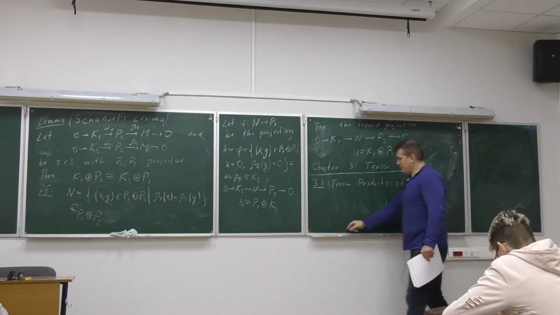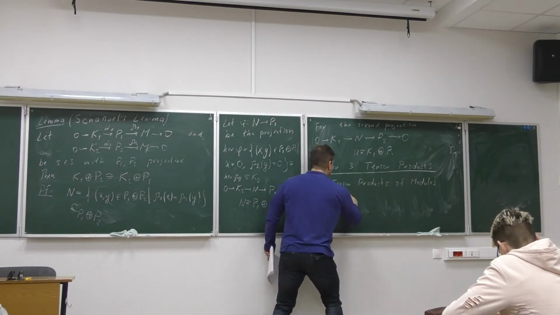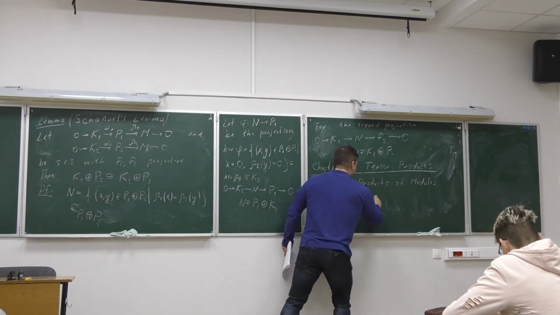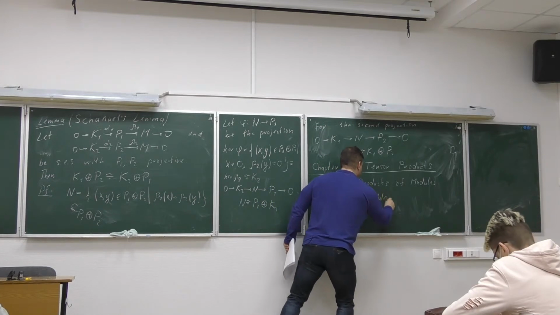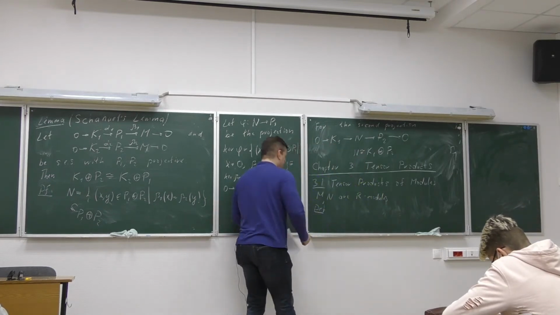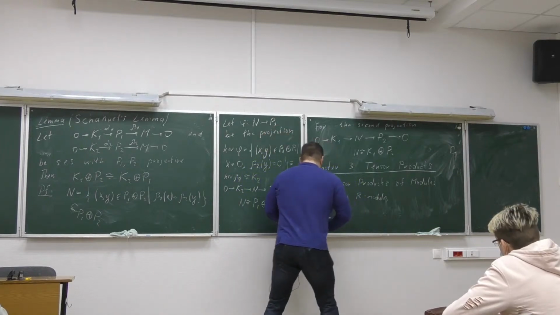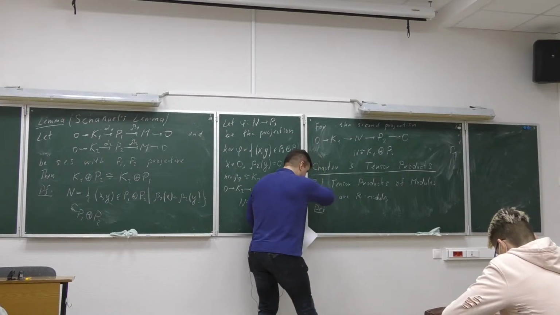Here we have two modules, M and N. Definition. I'm going to give you a constructive definition of a tensor product. First of all, we define two modules.